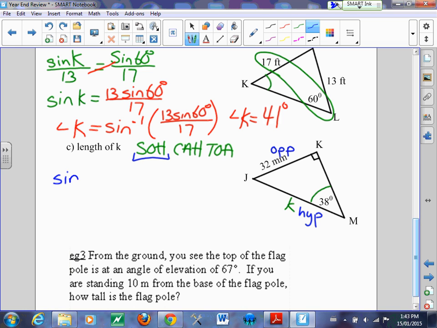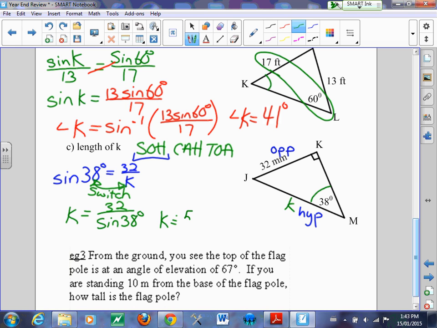So sine of the angle, 38 degrees, equals, it goes in order, opposite, which is 32, divided by K. K is on the bottom, and to solve for K, you do the switch. So K equals 32 divided by sine 38 degrees. Plug it in your calculator, ladies and gentlemen, and K equals approximately 5.2, and our units are millimeters.